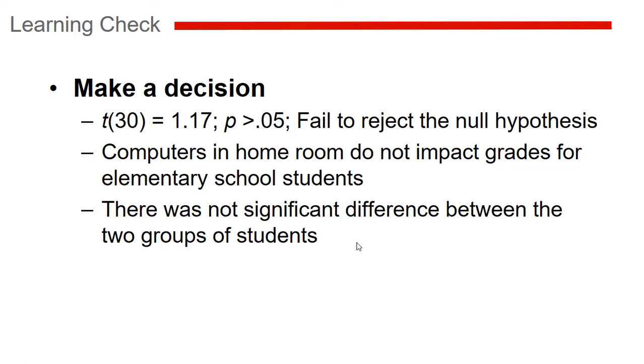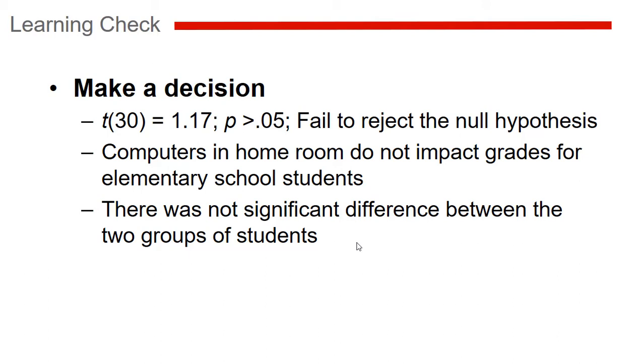When we've completed our t test, we're going to make a decision. And part of making that decision is presenting the data in statistical notation. So you have right here a t that is in italics with the number 30 next to it. That's our degrees of freedom. We have equals 1.17. That was the t that we calculated for our mean differences for our sample. We have a p that is greater than 0.05.